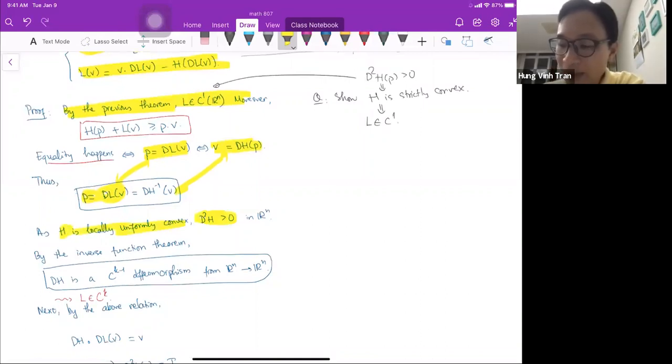Then by the inverse function theorem, you don't need the Hessian to be positive, you just need the determinant to be not zero. So by the inverse function theorem, dH is a C^(k-1) diffeomorphism from R^n to R^n.